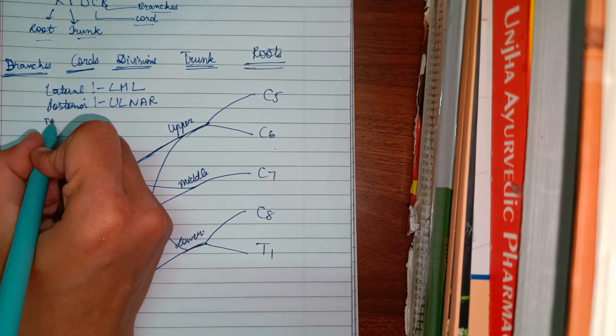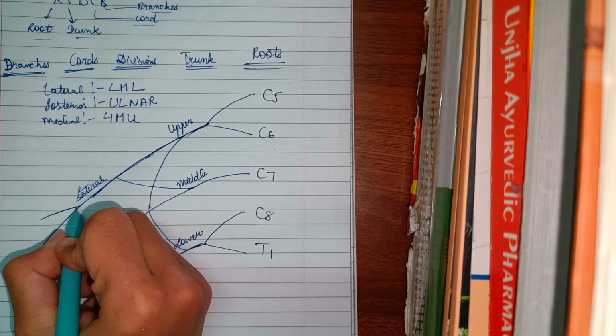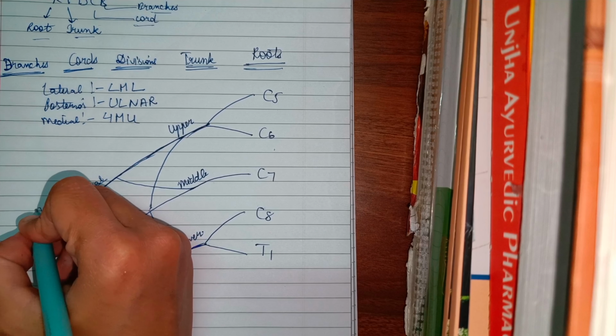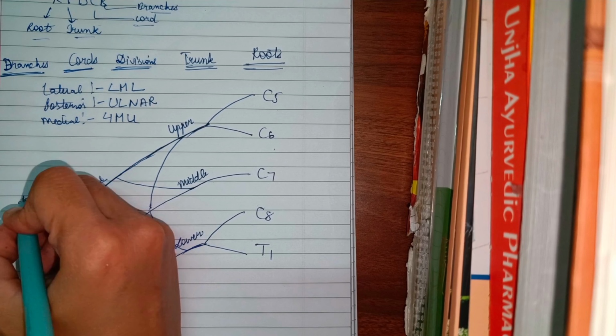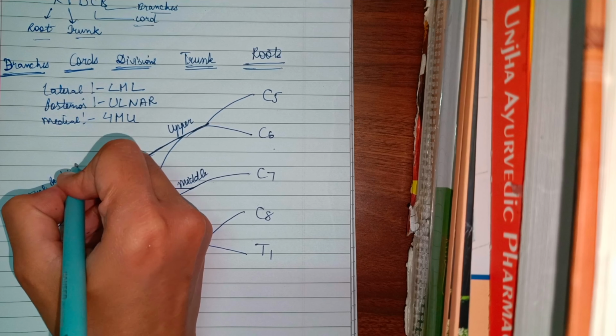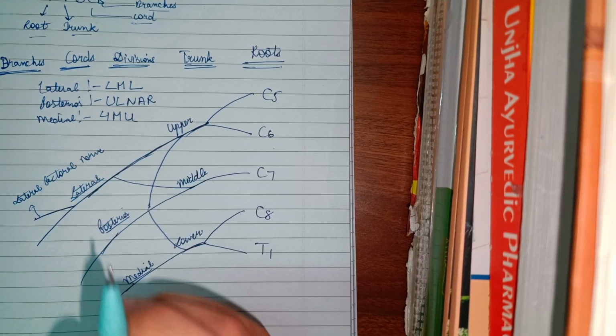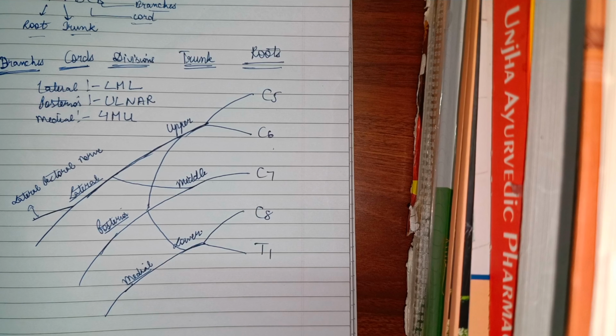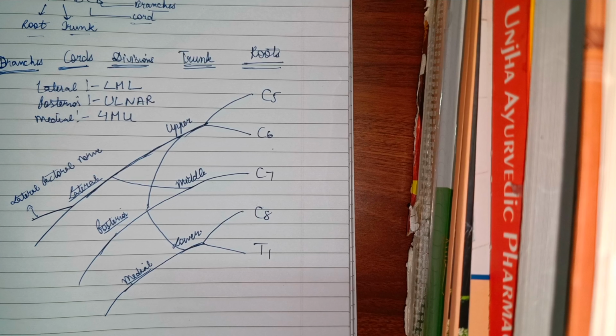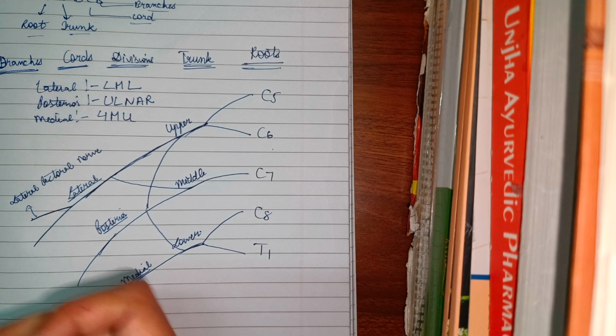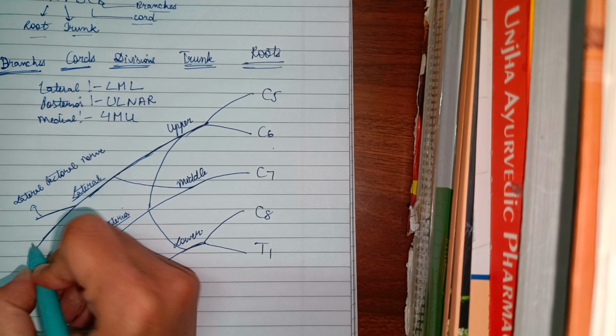Now what does L stand for? L stands for lateral pectoral nerve. This is lateral pectoral nerve. What does M stand for? M stands for musculocutaneous nerve. This is one branch.